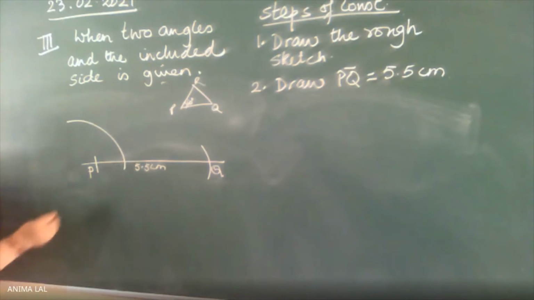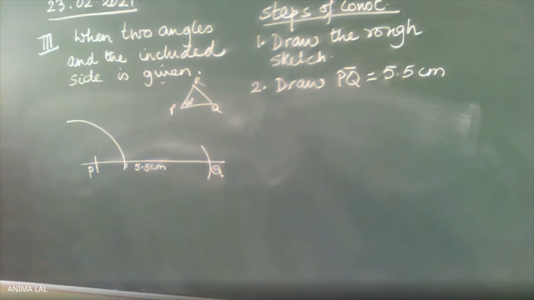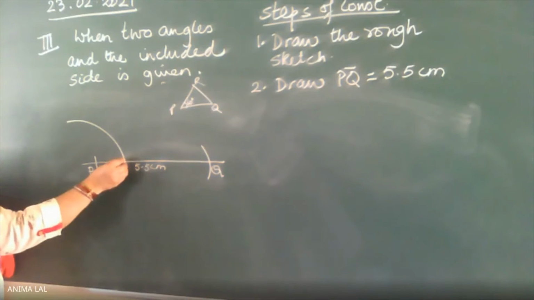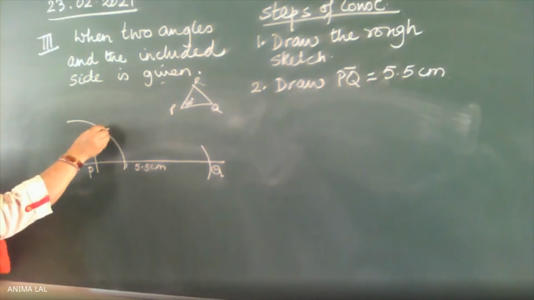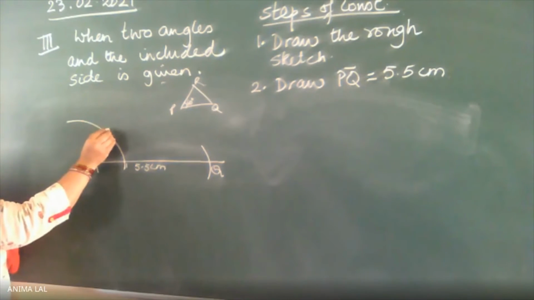Keep the radius fixed. On the line you will get point 1. Now put your compass point at 1. Draw an arc on the big arc with the same radius to get point 2.